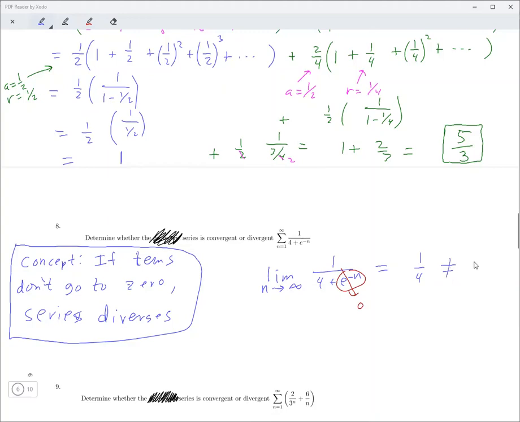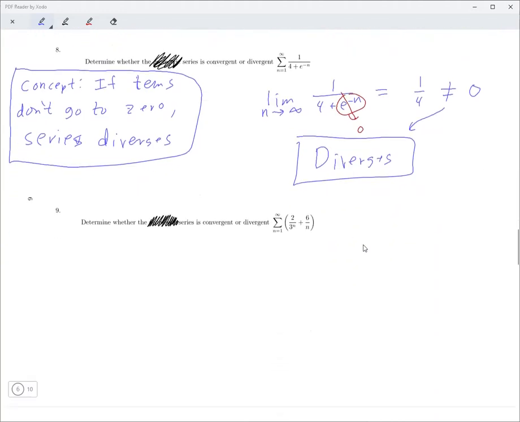So the terms are not going to 0. Eventually I'm going to be adding 1/4 plus 1/4 plus 1/4 forever, and so it diverges, because the terms don't go to 0. That's the first concept. So number 8 will diverge.